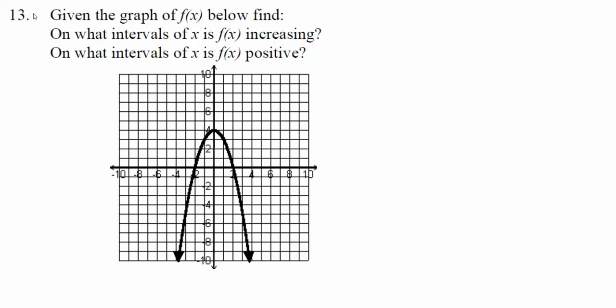So with the first part on number 13 here, I ask for what interval is increasing. Increasing simply means as you move from the left-hand side of the graph to the right-hand side of the graph, it has an upward direction.